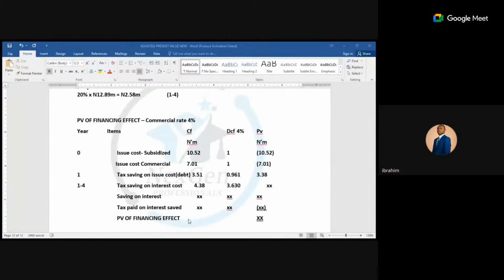The last class I used decision tree and adjusted present value. Meaning that when you want to search for the adjusted present value part 1, you can't get part 1 because it includes both decision tree and adjusted present value. Do you understand? Yes, sir. Okay, thank you. So what do we have here?